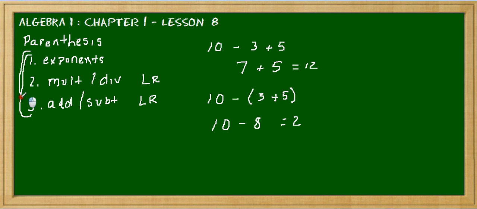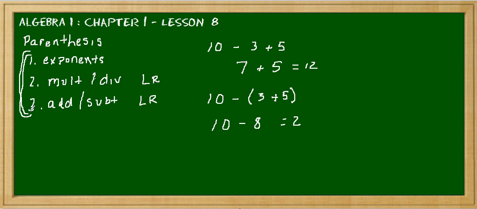Now, I don't think we have any examples here to show you that nesting word that I'm trying to incorporate here. But what I'm saying is that we follow what's within the parentheses first, and we do the math according to our order of operations: exponents, multiplication, division, left to right, addition and subtraction, left to right.